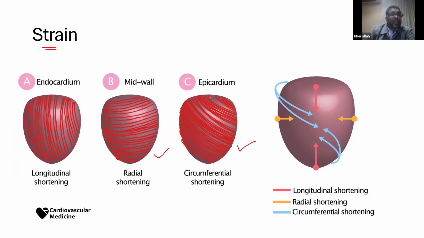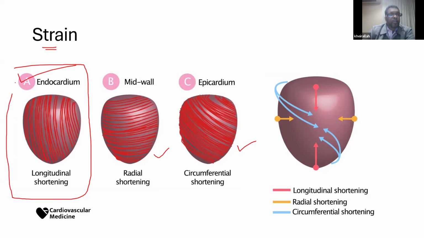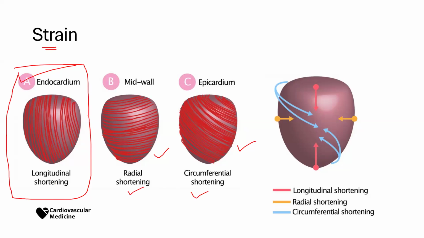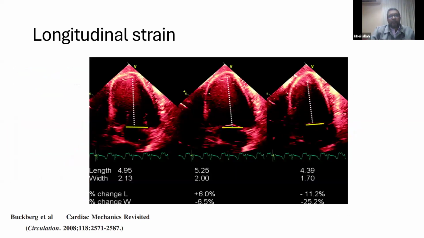So from these 3, they have chosen this one because it's the easiest to measure: longitudinal strain. So the one that is most clinically used is longitudinal strain, not radial, not circumferential. Although there are some studies about validity of these strains, the commonly used one is the longitudinal strain, okay?